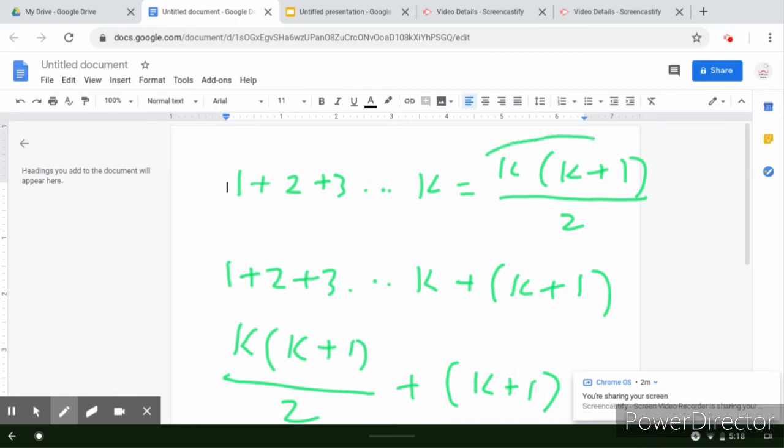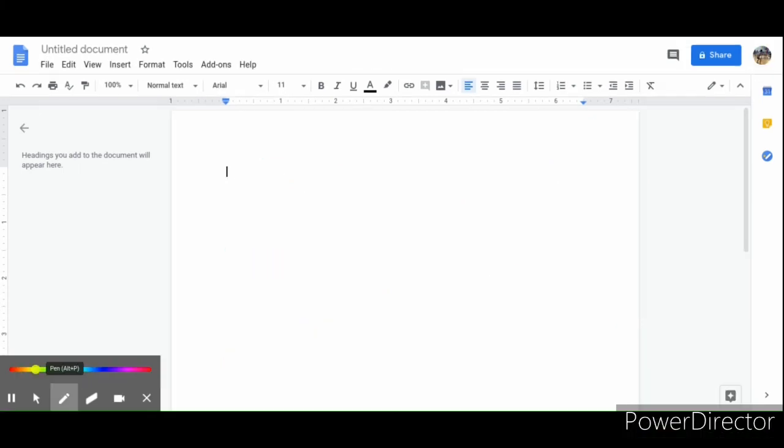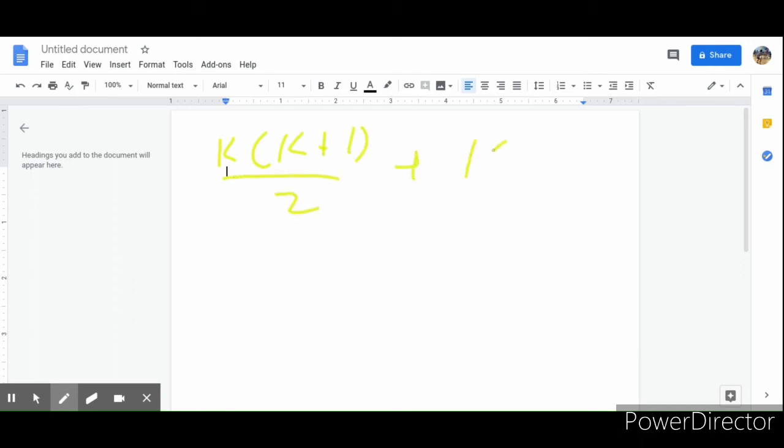So we can simply write it as k times k plus 1 divided by 2 plus k plus 1. Another partial sum, 1 plus 2 plus 3 plus 4 all the way up to k plus 1, is equivalent to k times k plus 1 over 2 plus k plus 1.